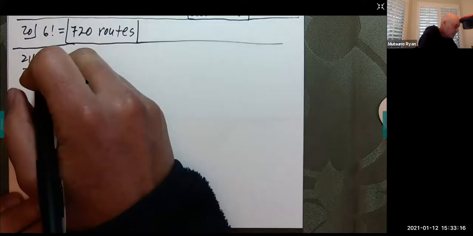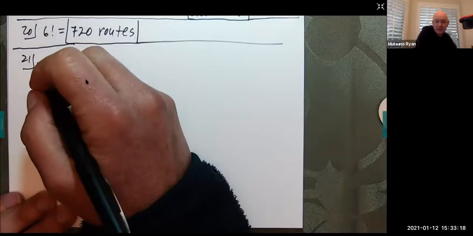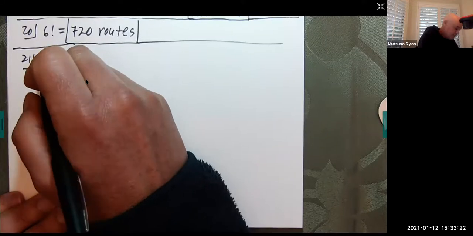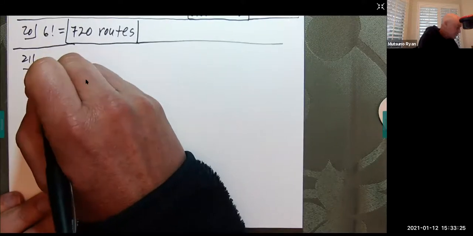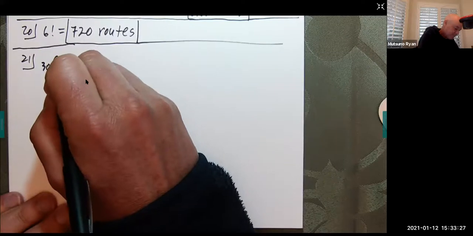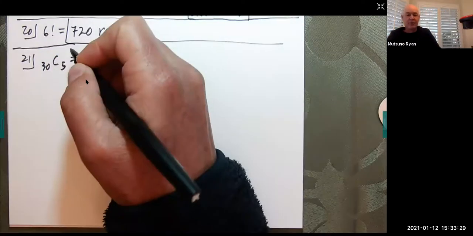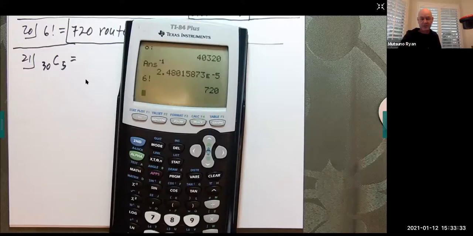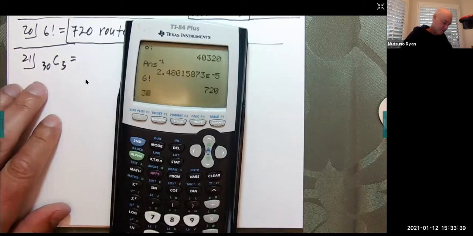Because the order doesn't matter, the number of ways to pick the people is going to be 30 choose 5. Meaning of the 30 people, there's only one way that it's going to be the 5 youngest, so that's the numerator.